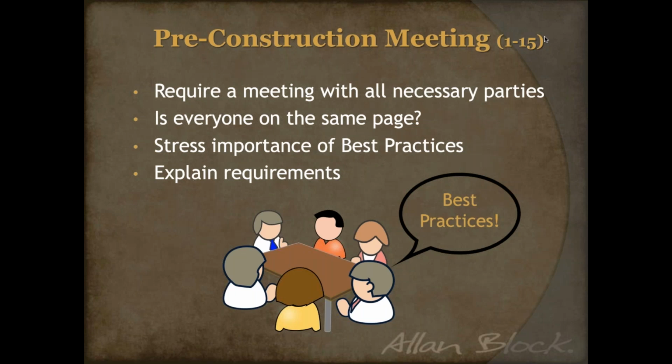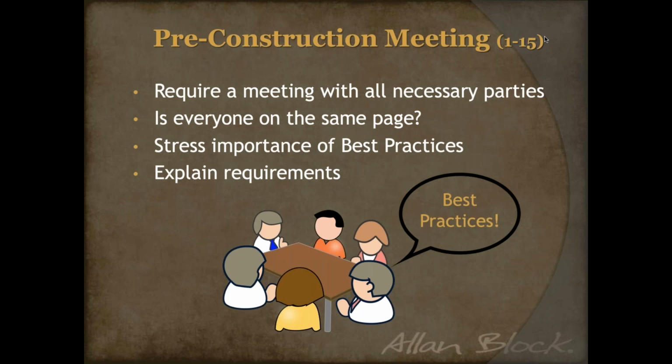A good thing to use as kind of an agenda for this meeting is the AB construction and inspection checklist from our spec book. I mentioned the spec book before, but the construction and inspection checklist that's there is great to be used as an agenda for this meeting. You can just kind of follow it straight through, and each of the points is a good talking point to address with everyone.